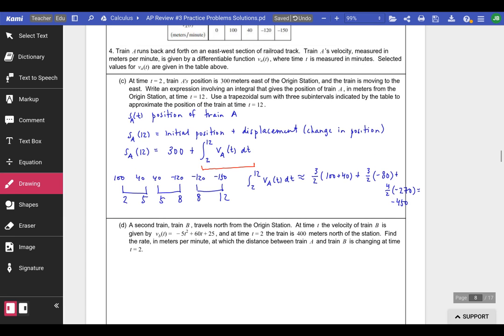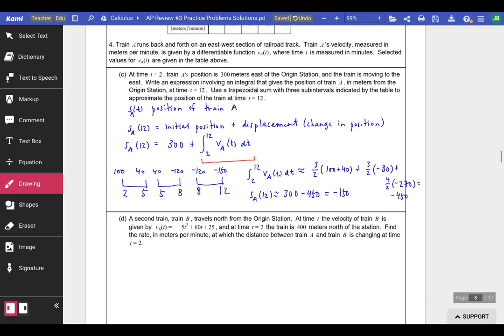So now if I want to find that actual position, and I apologize that I'm running out of room here, I would say my position of train A at time 12 is approximately, and I'm just saying approximately because we approximated that integral, 300 plus a negative 450. So we get negative 150, and our distance is measured in meters. Now we kind of have to account for that negative.